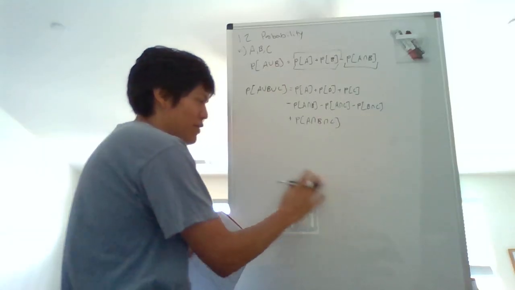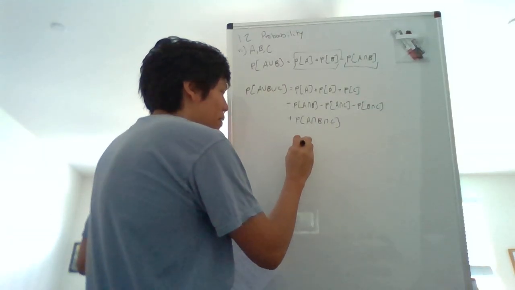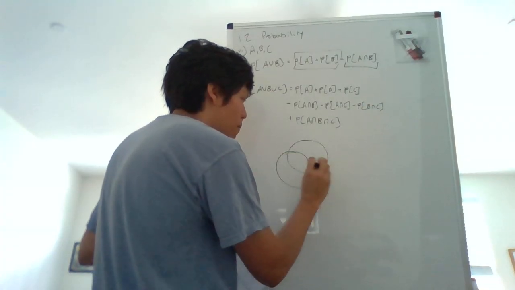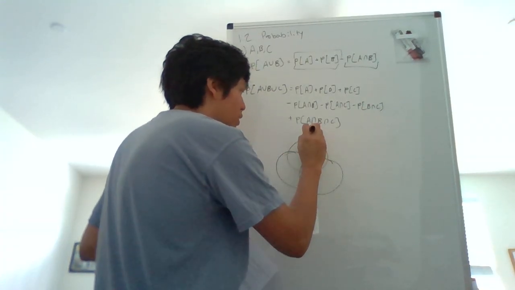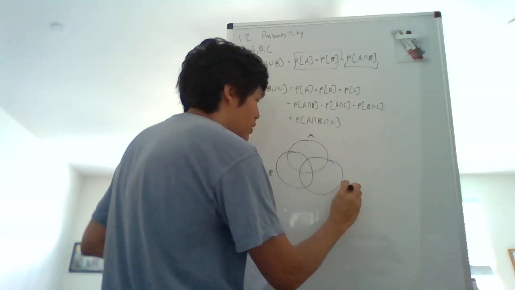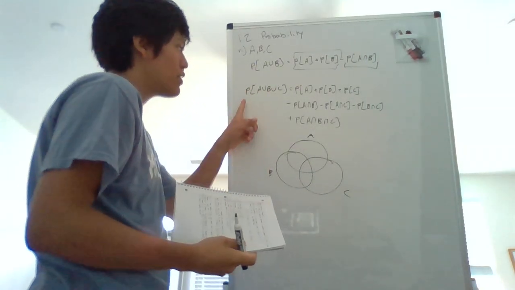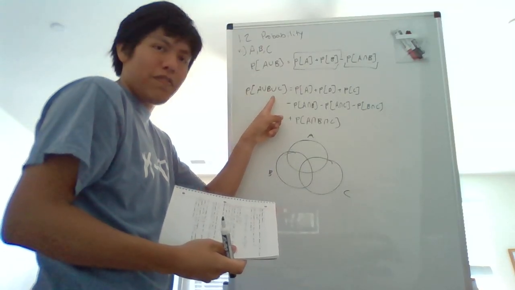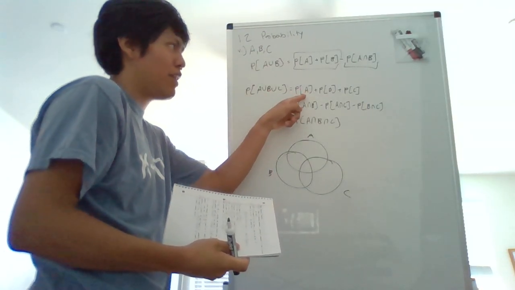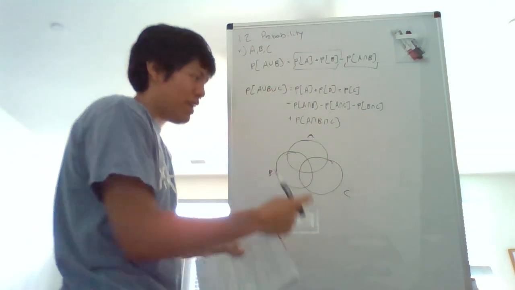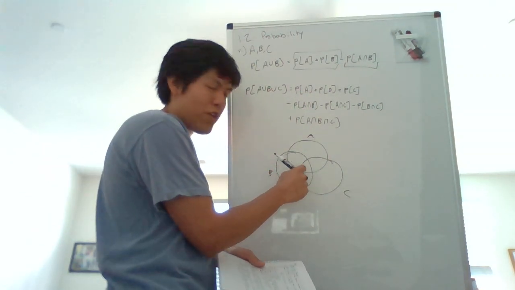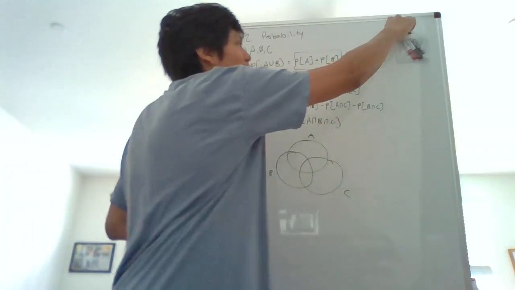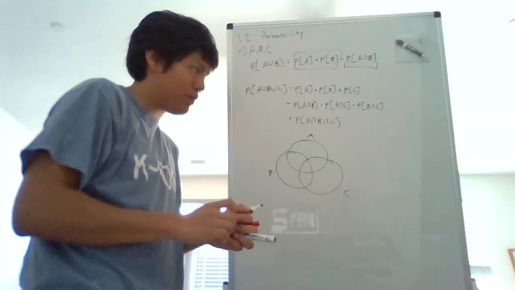Okay, now I'm going to attempt to draw it and explain it. So let's say we have A, we have B, and we have C. To find the probability of the union of all three events, again, we take the probability of A, and that includes the sections where A overlaps with other circles, and I'll use different colors also.